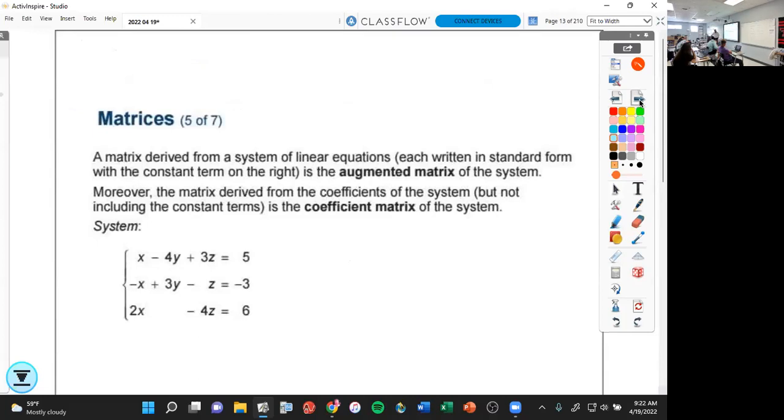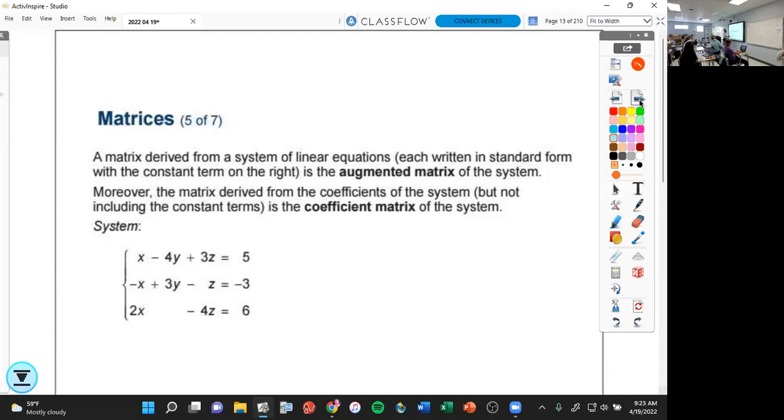This is augmented when it includes the answers. Notice that the x's are all lined up, the y's are all lined up, the z's are all lined up, and the constants are on the right side. If I wrote a matrix with just the coefficients, it would be called a coefficient matrix.